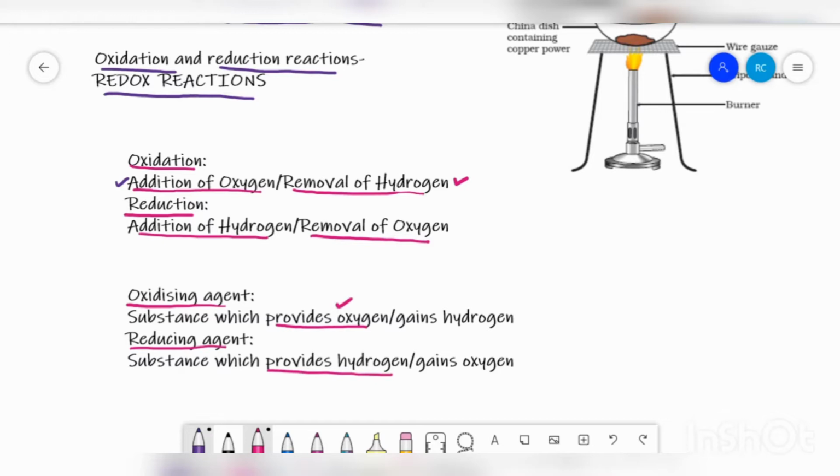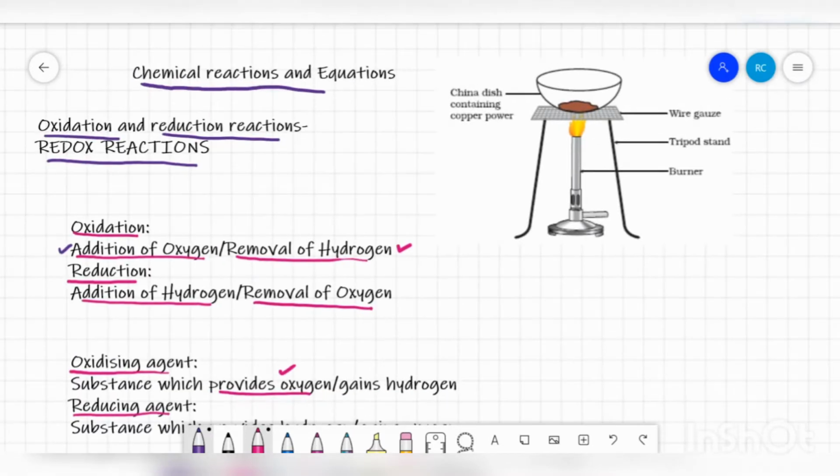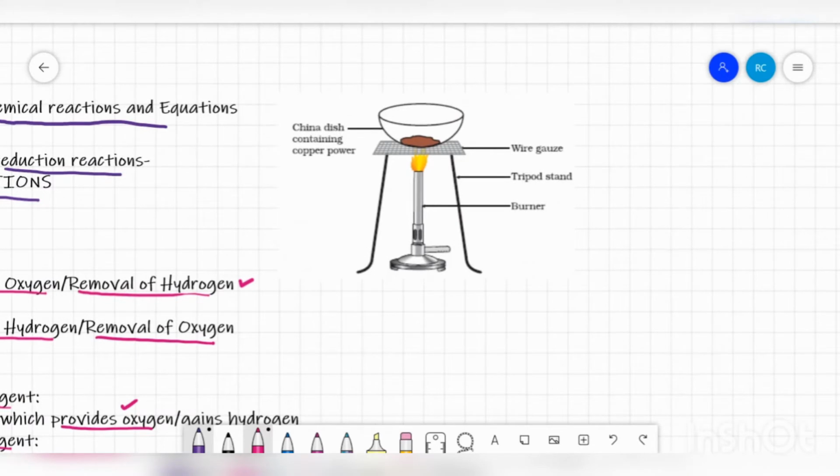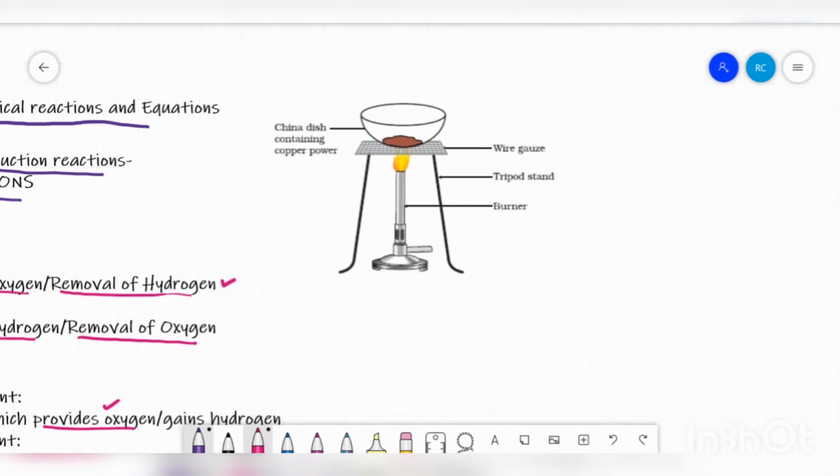Now let us study one textbook example, that is heating of copper powder. Copper powder is brown in color. When you heat this copper powder, basically it combines with oxygen.